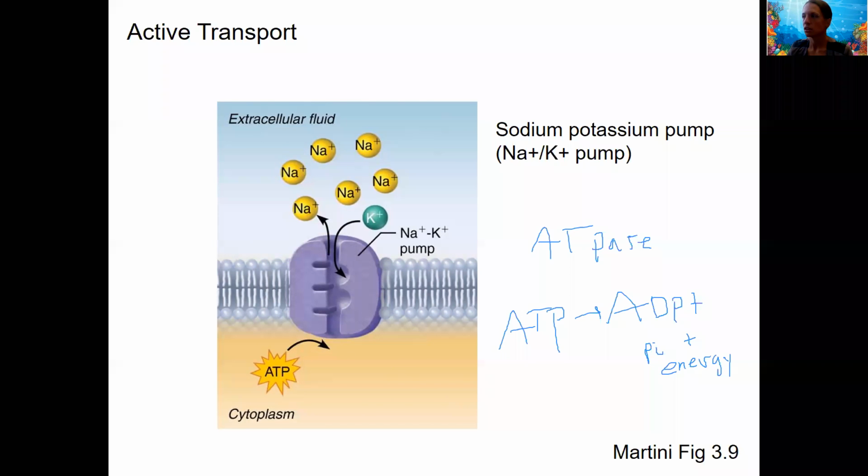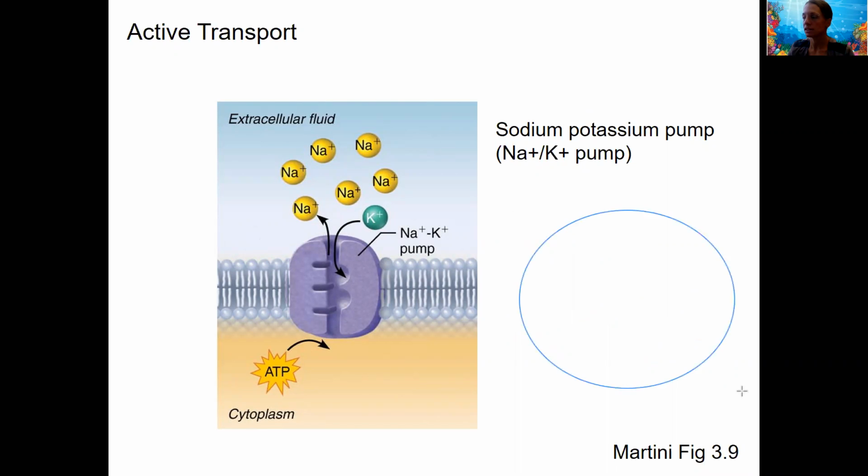I'm going to draw this. So let me get rid of this so I have a little bit more room. Okay, here is my cell. And this is also one of those things you want to be sure to remember, that there is high sodium outside of the cell.